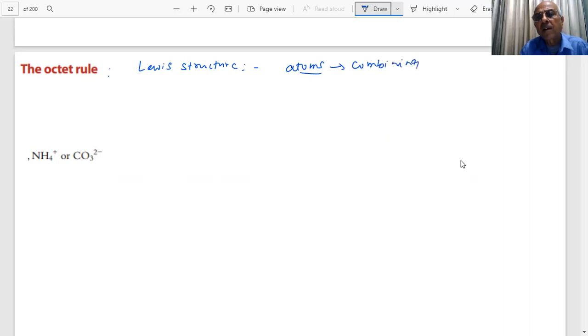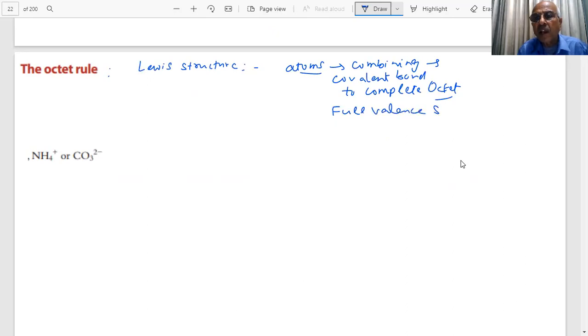Okay? They are forming covalent bonds to complete the octet. What do you mean by octet, student? They want to have a full valence shell with 8 electrons.